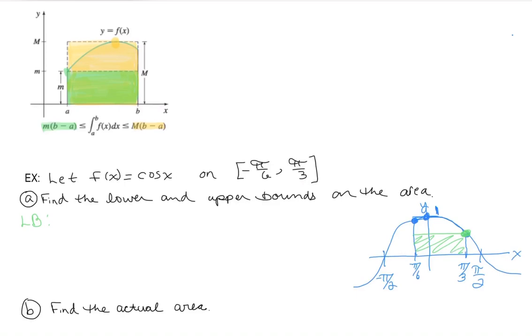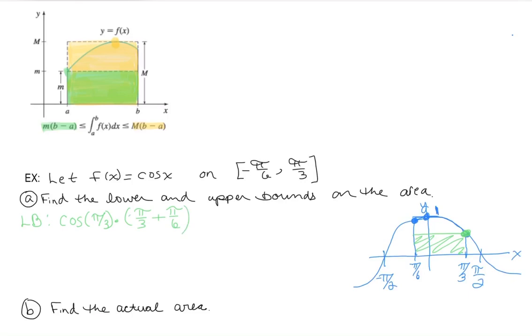So we would have cosine of pi over 3, and then times the width. Well, the width of this interval is going to be pi over 3 minus the negative, so plus pi over 6.